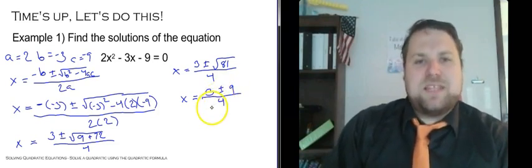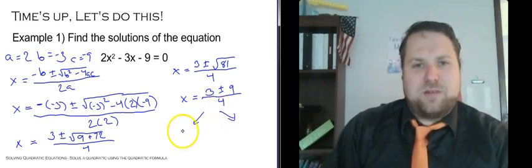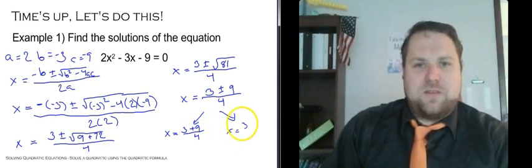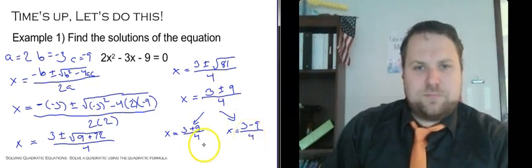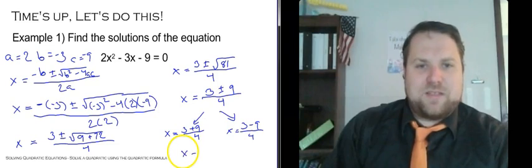Now, once I'm to this point, what I need to do is separate this off into two problems. The first one, I'm going to say x equals 3 plus 9 over 4. And for the second one, I'm going to say x equals 3 minus 9 over 4. So 3 plus 9 is 12. 12 divided by 4 is 3.